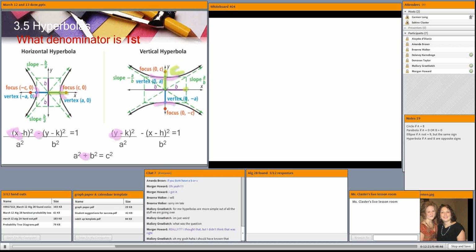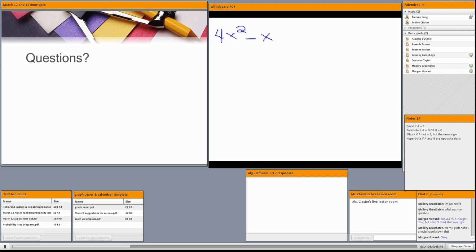It's 4x squared minus x. Oh, wait, that's not an ellipse. Oh, wait. Hold on. I'm copying part of one problem and part of another problem.